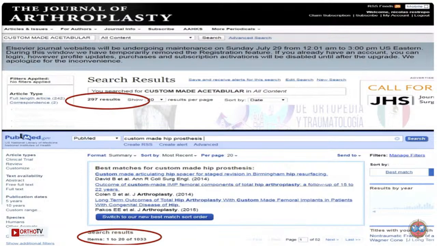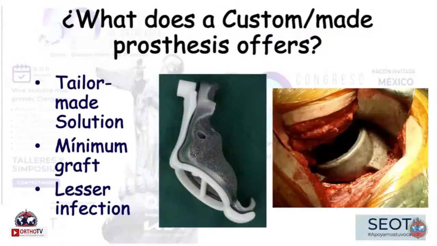So it is a good option to use a custom-made implant. And what does a custom-made prosthesis offer? It's like a tailor-made solution. We need to use minimum graft, and when you don't use more grafts, it's useful because it has lower infection rates.